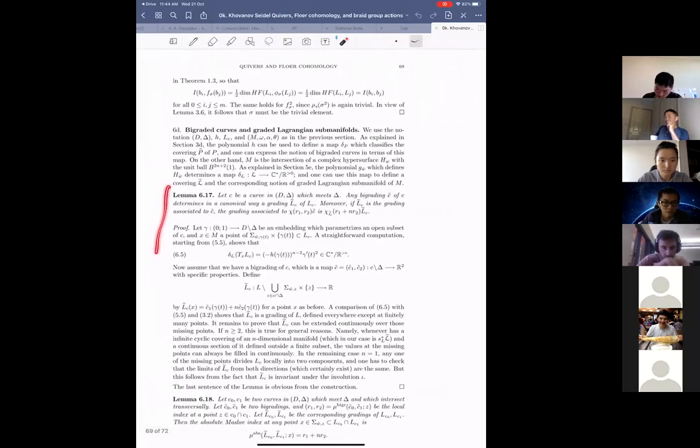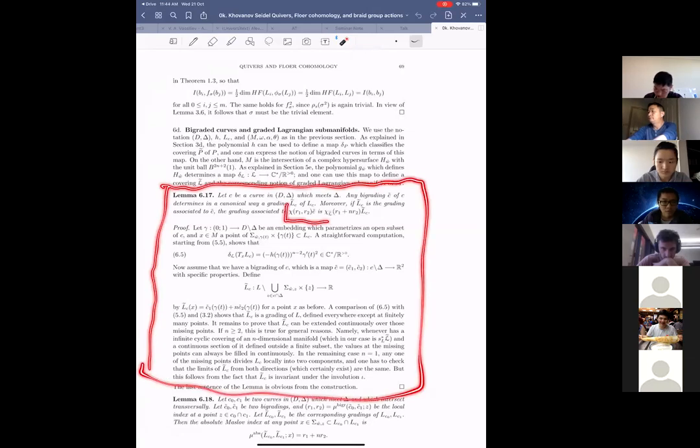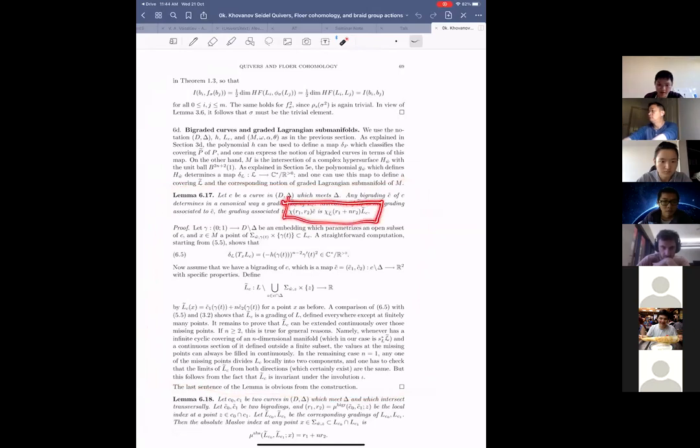So the important thing is to explain this lemma 6.17, because I really want to know how to get this. I want to generalize this to type B. So I need to know how they do this calculation. The part I don't know is what this thing is, and also why this is a bigraded Lagrangian.